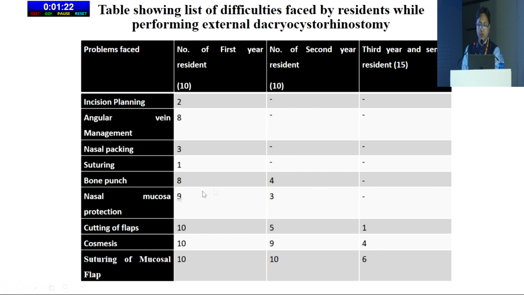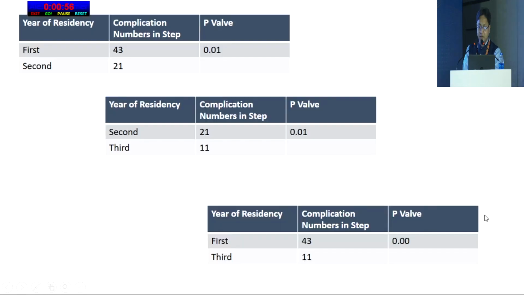But the problems with bone punch and nasal mucosa still persist in the second year. After 30 or 25 surgeries, these problems reduce, because none of the third year have such problems. But again, the cosmetic-related issues and suturing of the mucosal flap, although reduced almost 60%, from 10 to 4 or 10 to 6, are still faced by the third year.